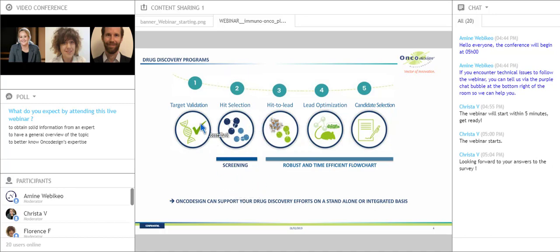Once this one is identified, you have a quite long-term and robust effort in different phases to bring your hits into candidate selection. So you have to put in place a robust and efficient flowchart, and that's where we can help you. Now Oncodesign has all the capacities to support your efforts in that aspect, either on a standalone basis, but now on a more integrated basis.